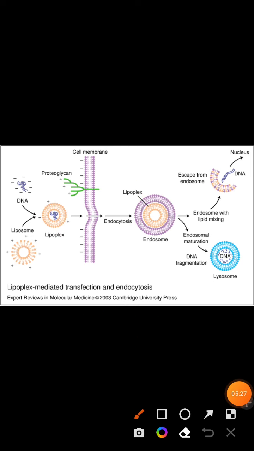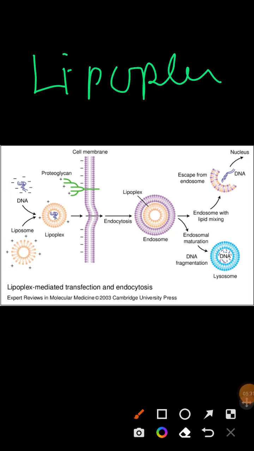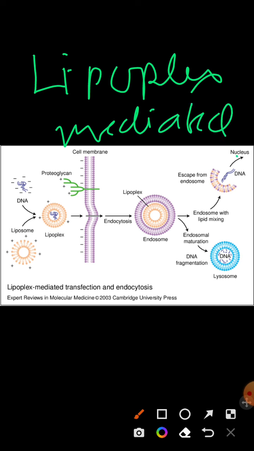So what is the overall summary? Lipoplex mediated gene transformation is a type of gene transformation which involves the formation of a lipoplex, and it contains two components: one is a positively charged liposome, and another is negatively charged DNA.